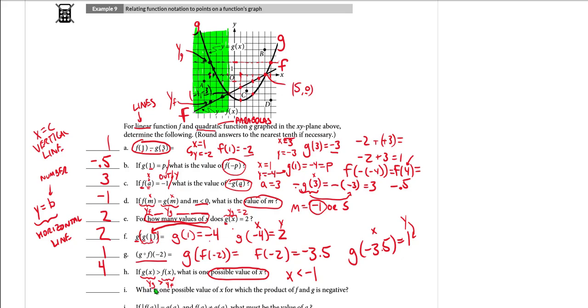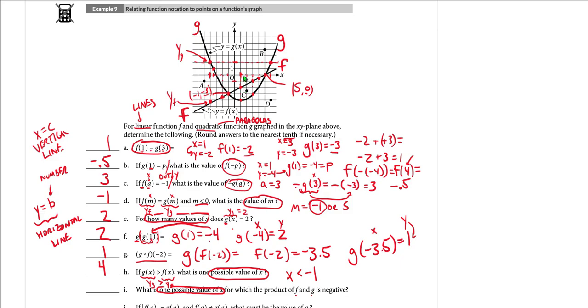In example I here, what is one possible value of x for which the product of f and g is negative? So in this case, what's the easiest thing to do here? Let me get rid of this green. This is getting very crazy up here. Probably look for an x value where one of these is positive and the other is negative.